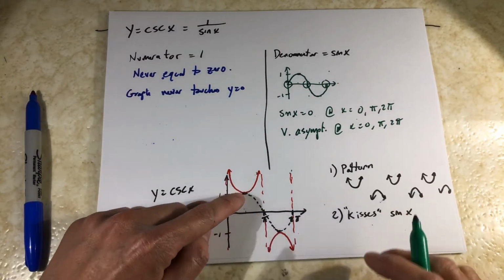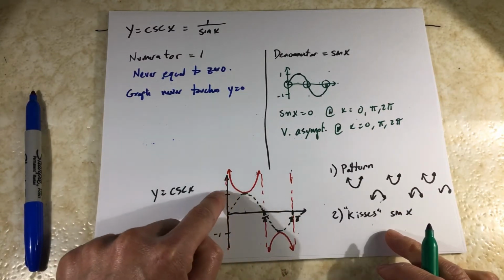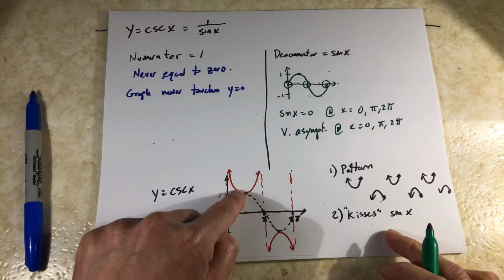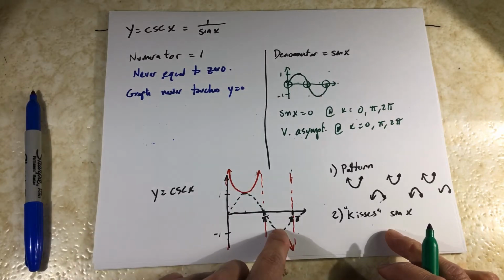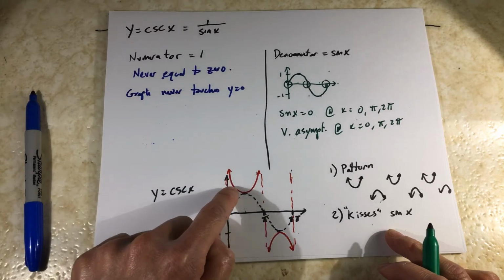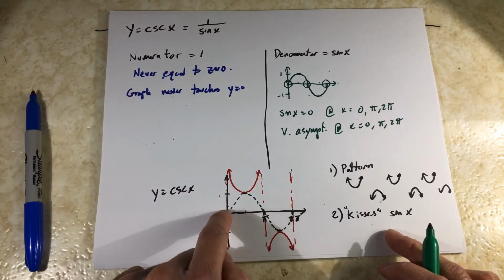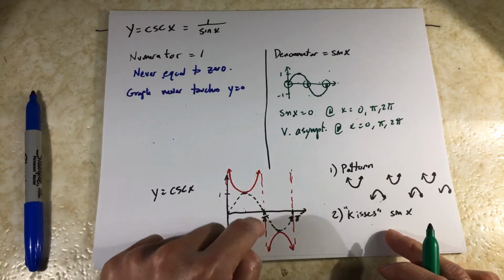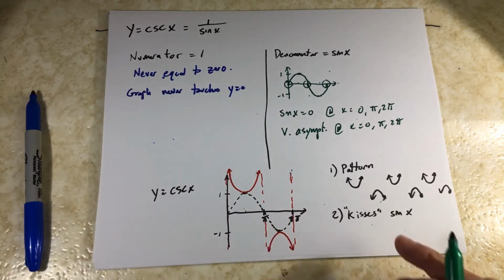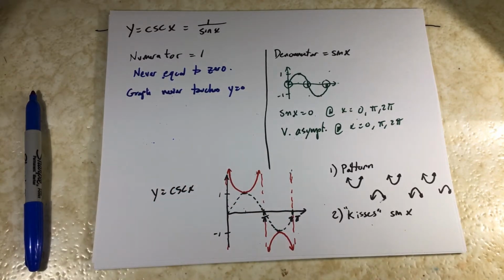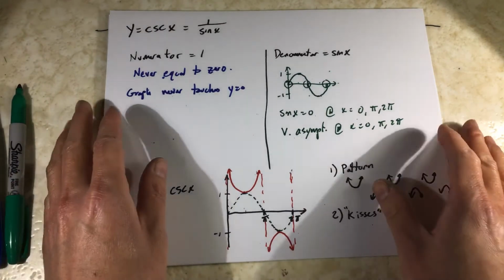You can see that there's this point, this is the sine function, where they just kind of kiss at the peaks and the troughs, but then they go in the opposite direction. This one shoots off to infinity, this one goes downward. So they touch at those peaks and troughs. All right, so that's another pattern that we'll see. It also applies to secant, which we're going to do next.